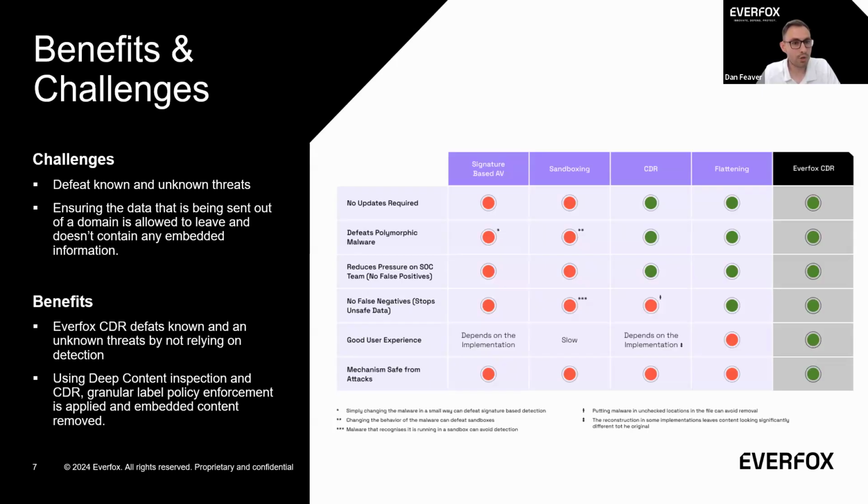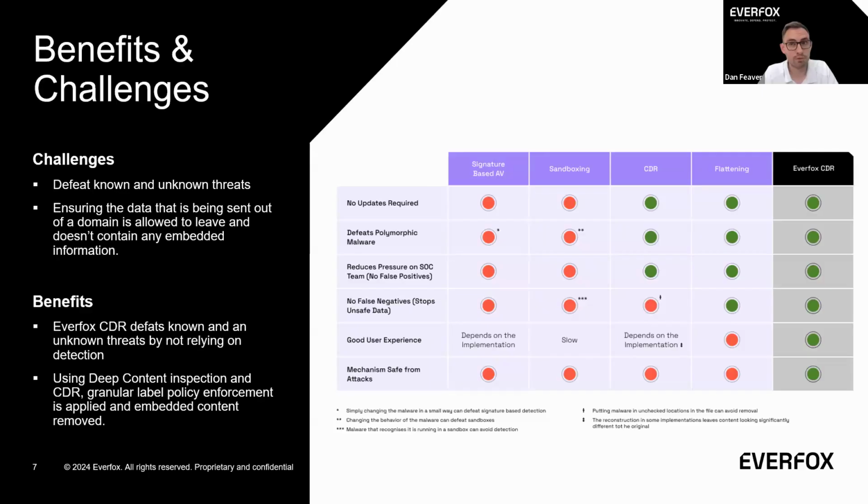Again, it's ensuring that the data being sent out of these domains is allowed to leave the domains. It doesn't have anything encoded within it, hiding there. And again, depending on the types of mechanism that's being used to exfiltrate some data, it could be an obvious way of leaking data, like copying and pasting it into the end of a data structure.